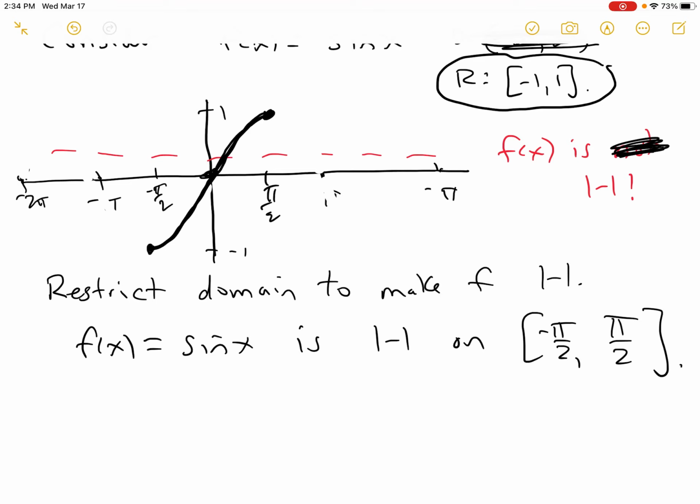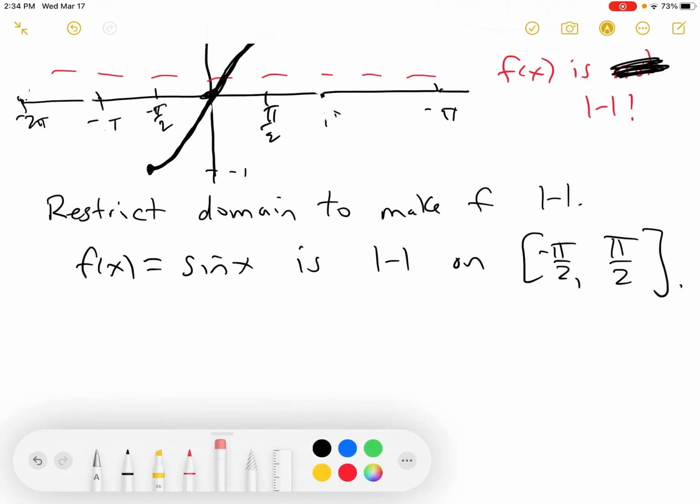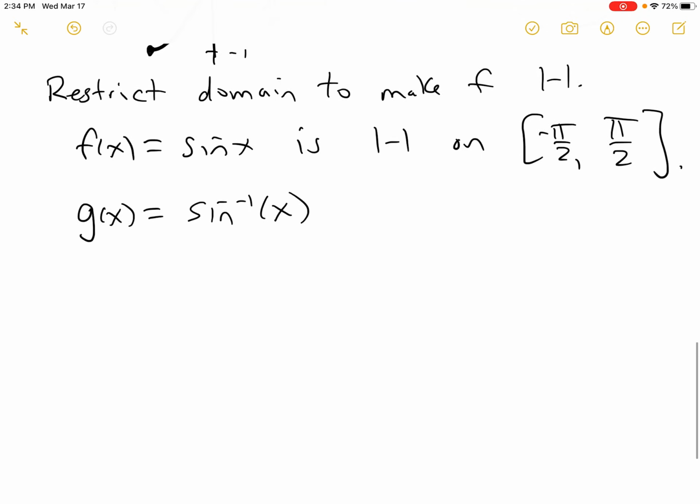So we go like this, okay, y equals the sine of x. So that says x equals the sine inverse of y. Let me do it that way, that's too complicated. Let's just say this. Let's let g of x be sine inverse of x.